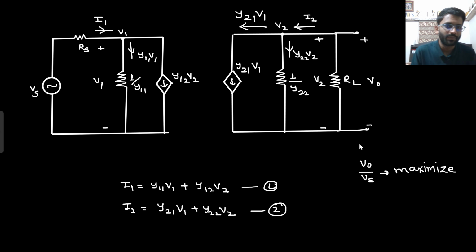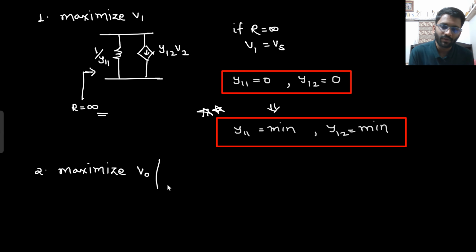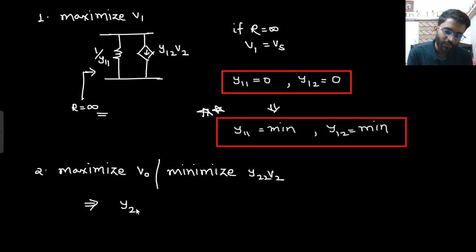This current you need to minimize. Then what is the target? That your Y22 should be 0. From here we got to know that Y22 should be 0 or Y22 should be minimum.